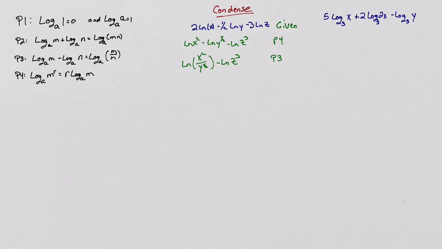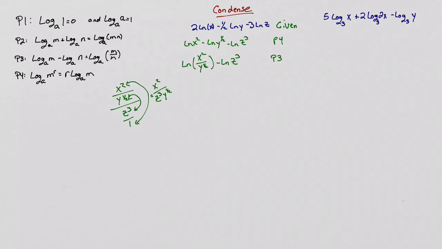Now I'll do a little scratch work over here. We have x squared over y to the 1/2 over z cubed, which is really over 1. Of course, we could always do our little rainbow method or just divide fractions the proper way. When we do this, we'll end up getting x squared over z cubed times y to the 1/2.